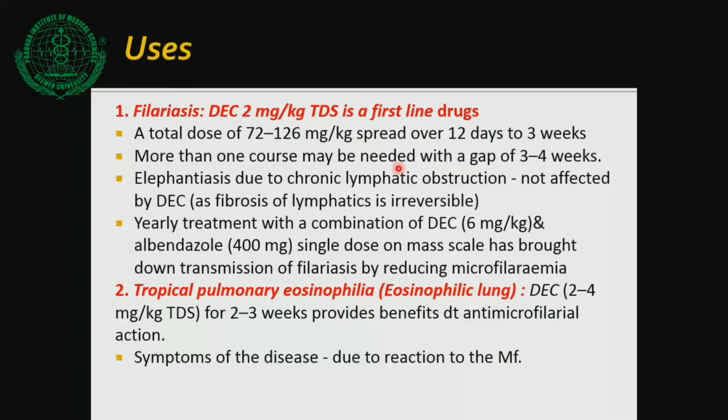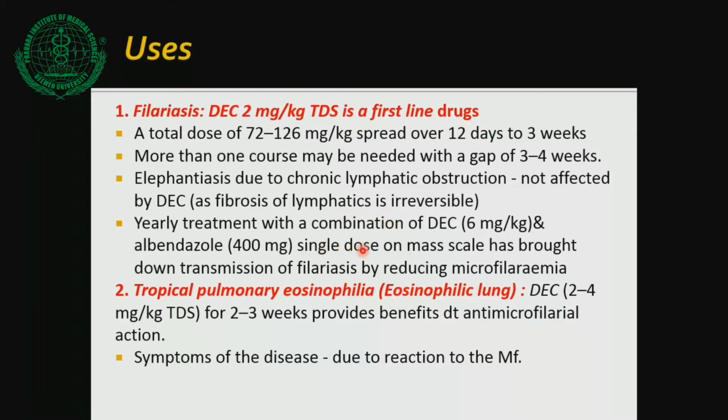Sometimes more than one course may be needed with a gap of 3 to 4 weeks. But if elephantiasis has occurred because of chronic lymphatic obstruction, DEC is not that useful because fibrosis has already occurred.